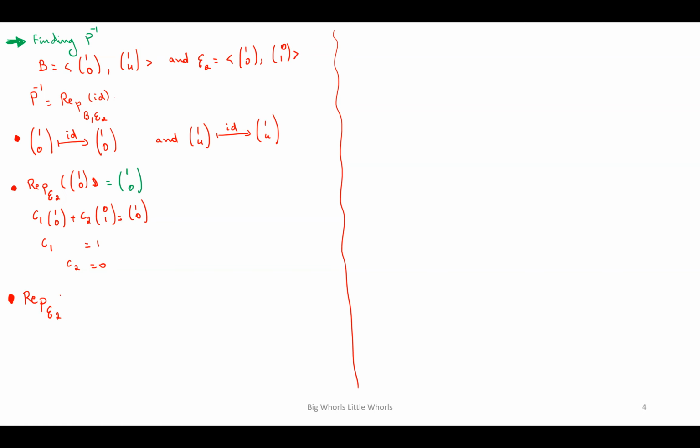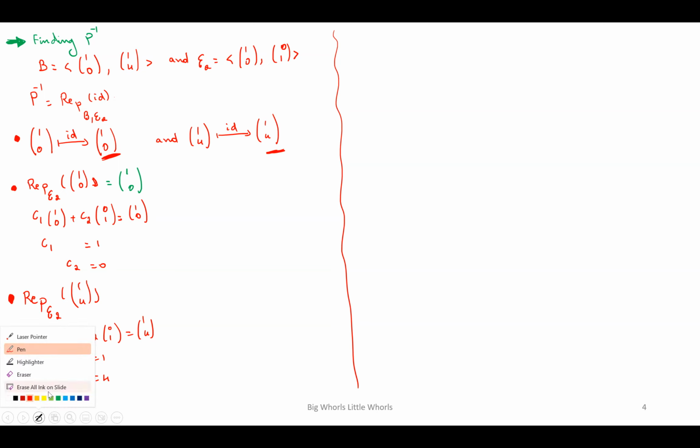Representation with respect to E2 of the second vector here. So I'm representing these vectors. 1, 4. We have C1 (1, 0) plus C2 (0, 1) equals our vector (1, 4). So we have C1 equals 1, C2 equals 4.